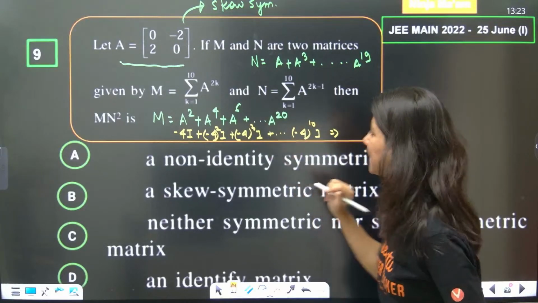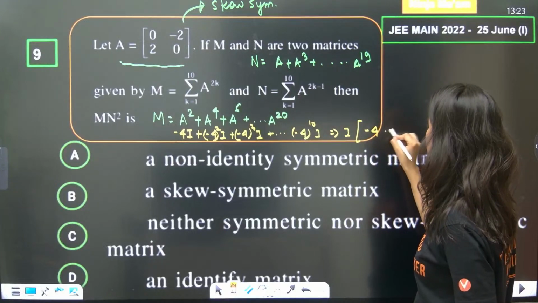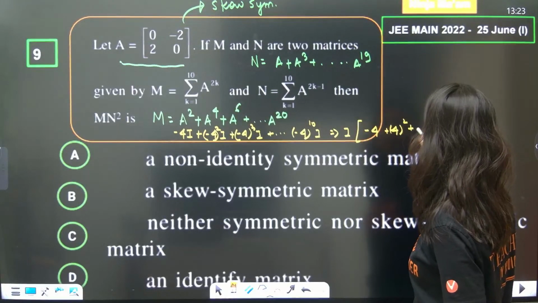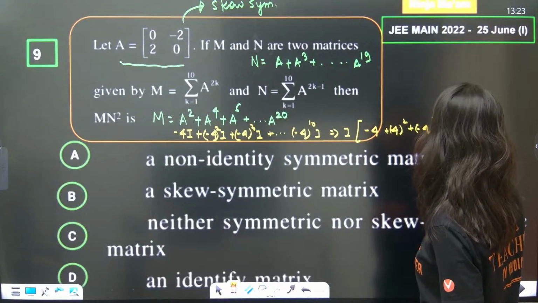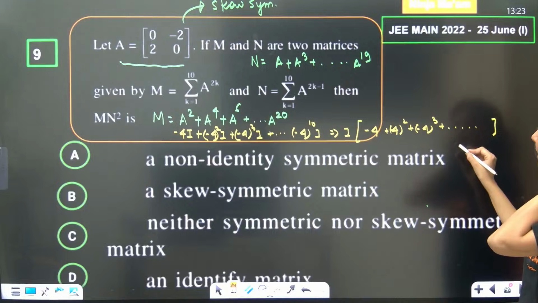Let's take the identity matrix out: minus 4 plus minus 4 squared plus minus 4 cubed. This is a GP of 10 terms.